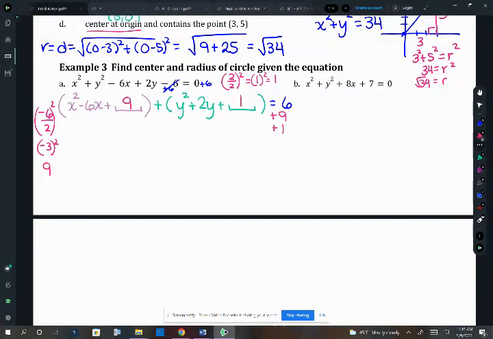And then we're going to rewrite the x part. Remember, when we rewrite it, we take the x value and the value that we had before we squared it. So we're taking this -3, and that's the value that's going to go here. And then we'll do the same thing with the y. So it's going to be y, and we're going to figure out what's going to go in there.